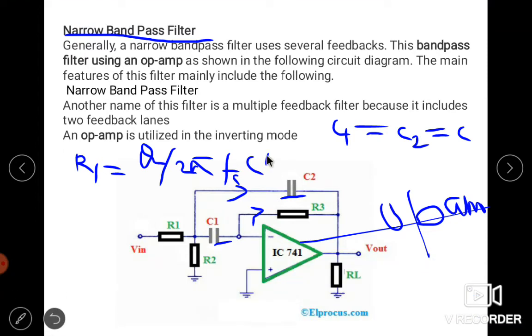What is gain? If you remember, we have defined gain as the output to input ratio, either in terms of current or in terms of voltage.